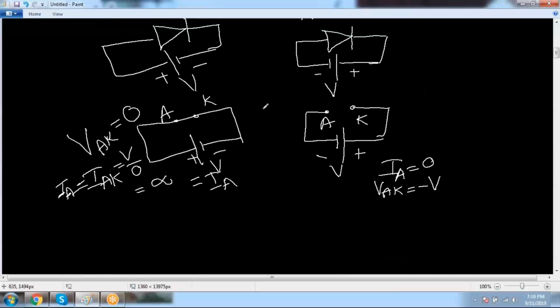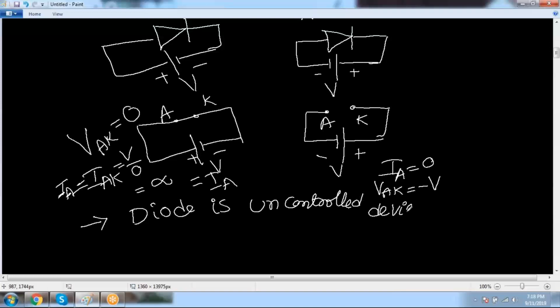Now, if you look at the complete operation, you tell me, I want to tell you the bits here. If you take a diode, is it a controlled device or an uncontrolled device? With respect to principles and operation, it is an uncontrolled device. Why? Because whenever it is forward biased, it is on, and whenever it is reverse biased, it is off.